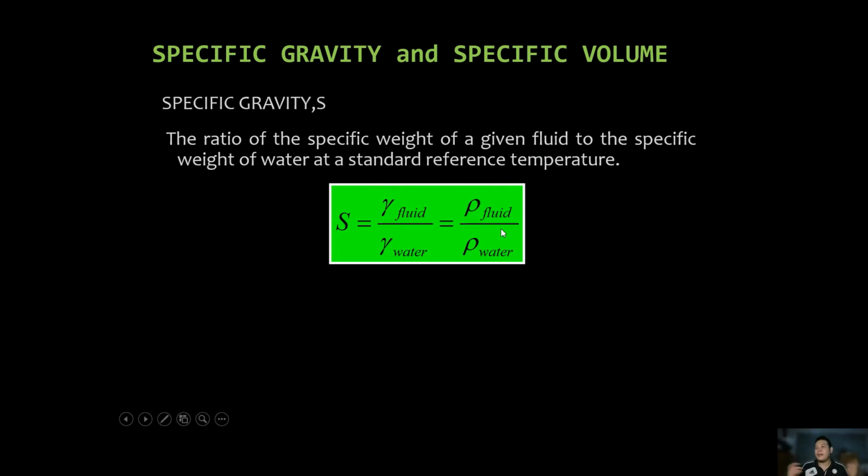If you ask, sir, why would we divide by the specific weight, unit weight, or density of water? It is because water is easy to measure. That is why in fluid mechanics, water is used as the basis.